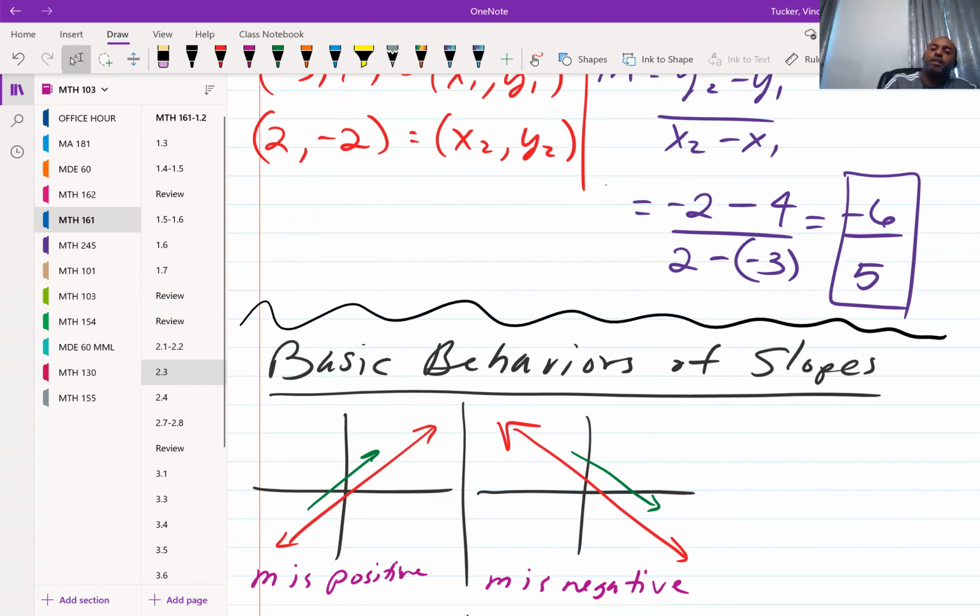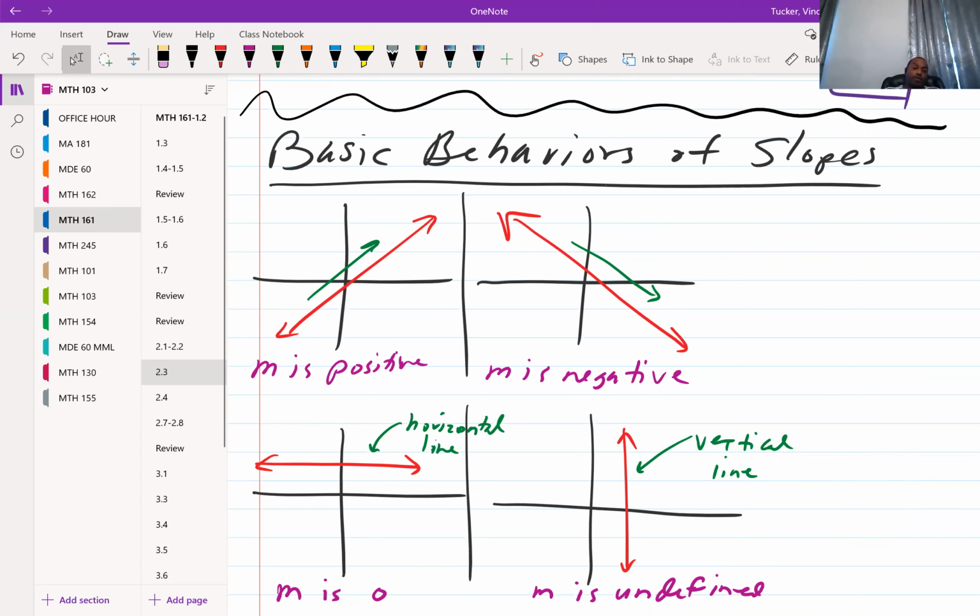So we have 4 basic behaviors of our slopes. And you always read your graph from left to right. So from left to right, if your graph is going up, your slope is positive. If it's going down, your slope is negative.